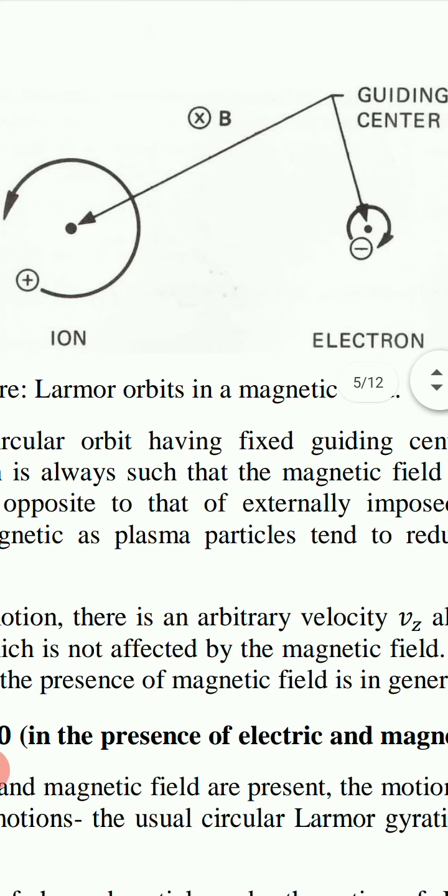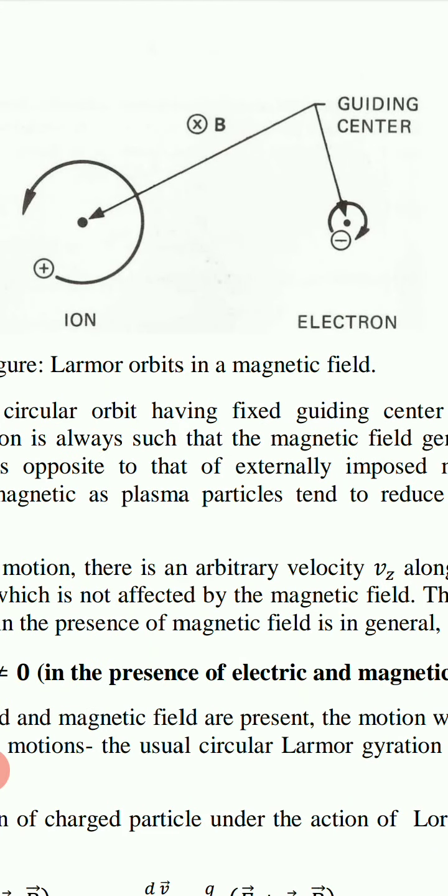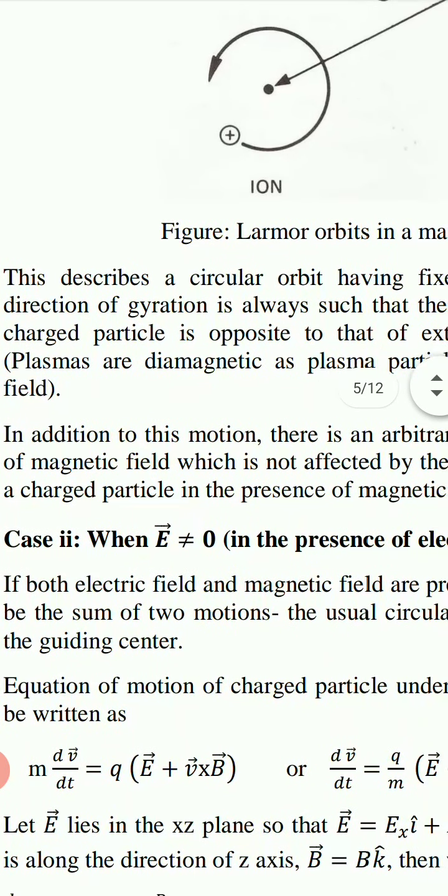In this diagram we see the guiding center is a fixed point having coordinates x0, y0, and that is the initial position. Initially x equal to x0 and y is equal to y0. So this initial position is termed the guiding center, and these two equations describe a circular orbit.